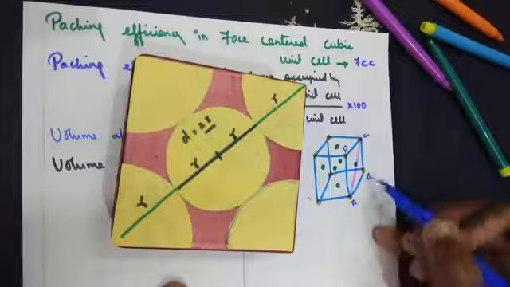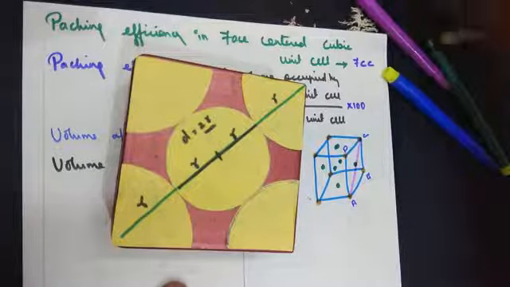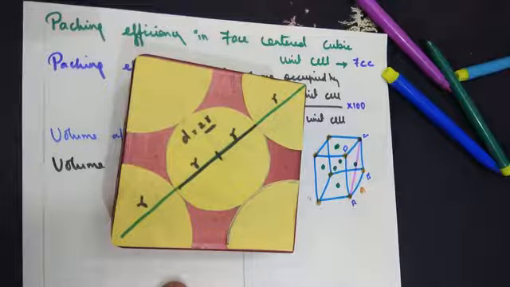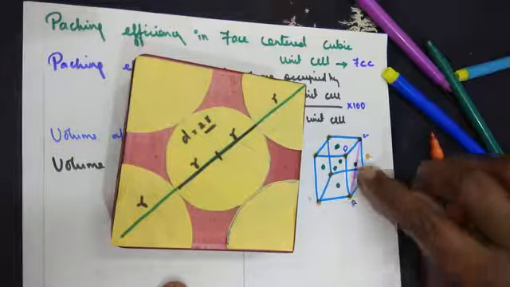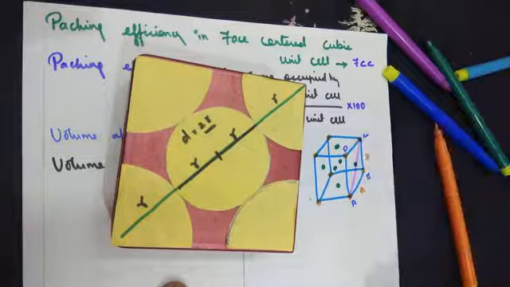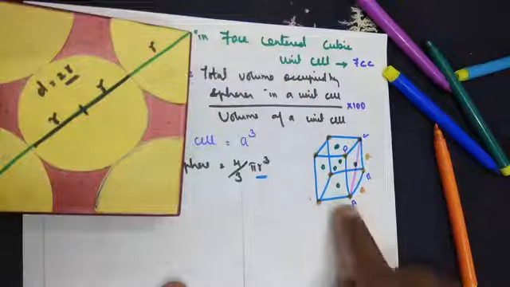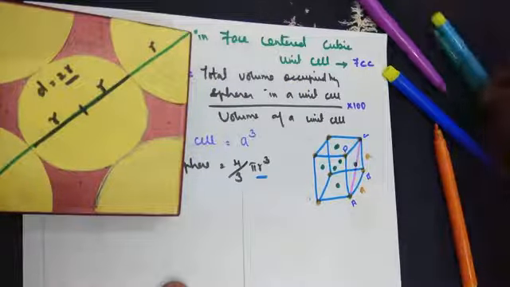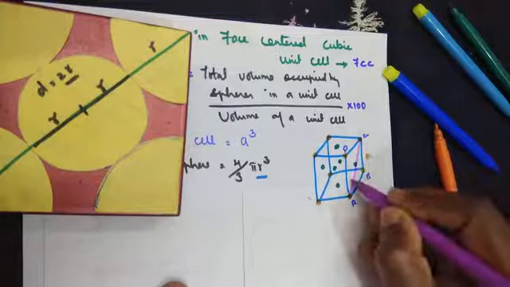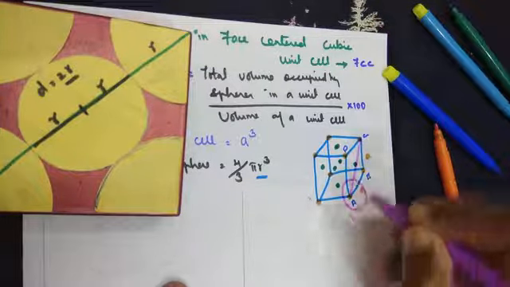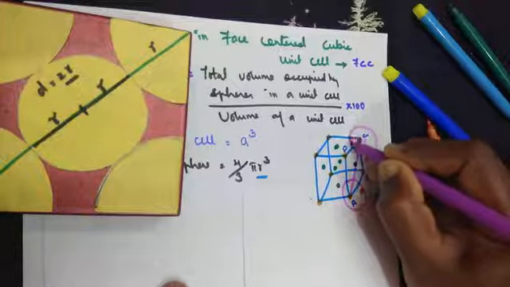So now here, the edge length of AB is a, edge length of BC is a. Now we need to know the distance between A and C. If you remember diagonal, when we say there are 2 corners here, if you imagine one atom to be in this corner, another atom to be in this corner.